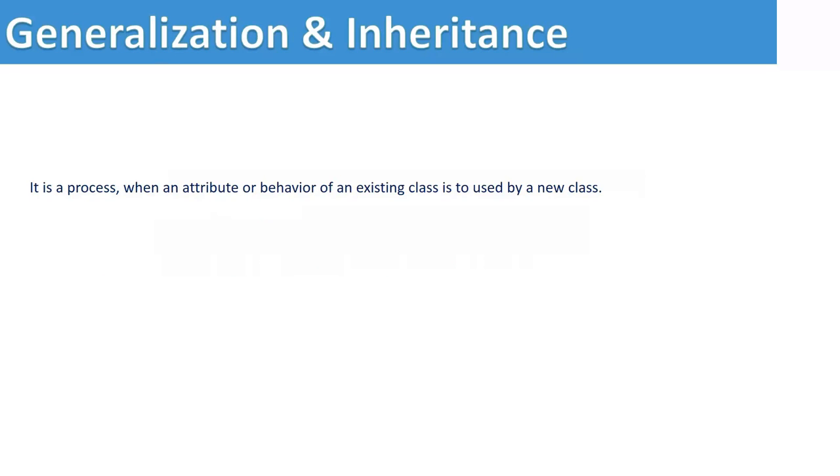Now let's try to understand generalization and inheritance. Let's take an example of cycle, moped and motorcycle. All of these vehicles are different classes, but there are some similarities among these three classes. All three of them are two-wheelers. The maximum number of passengers can be 2, and many more.